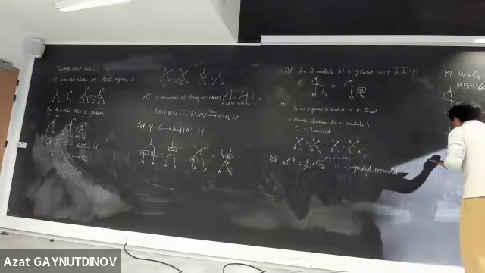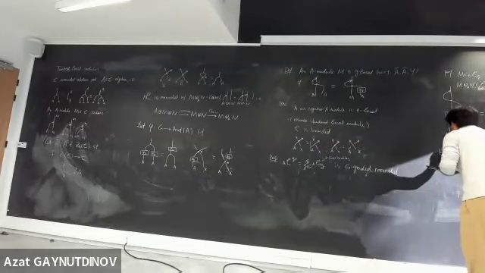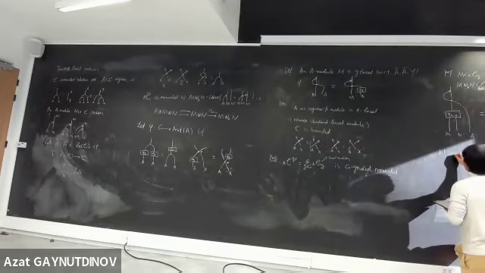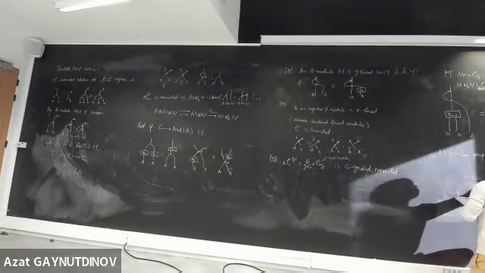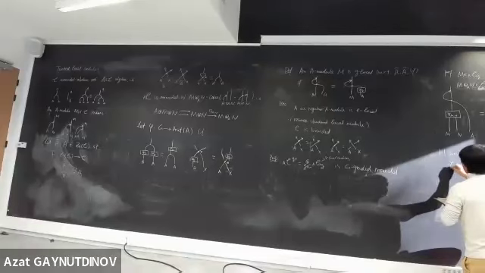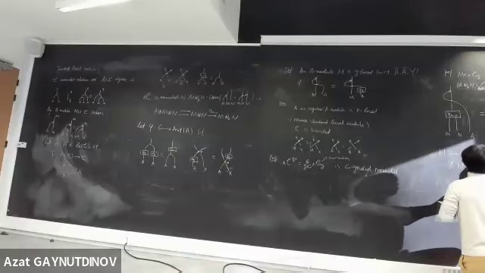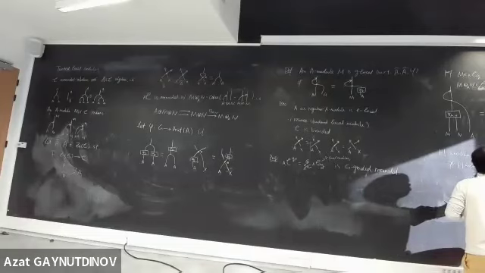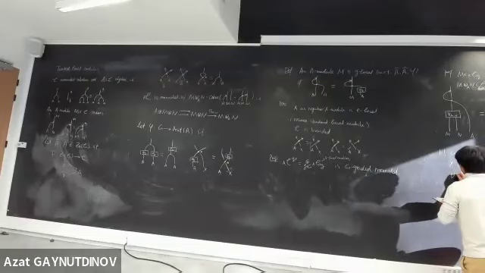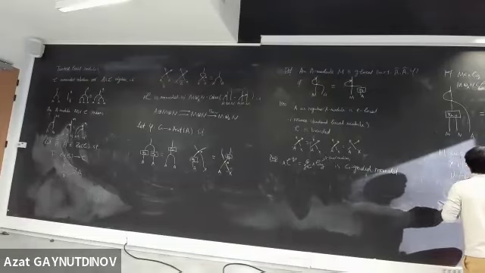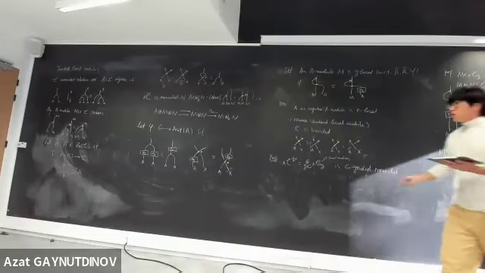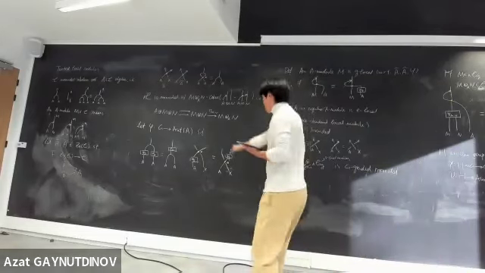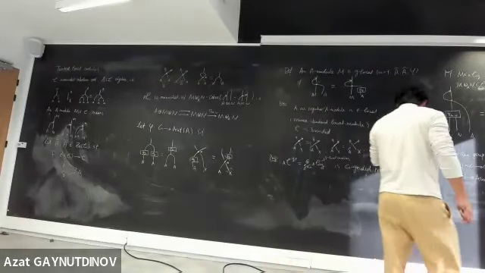So we need another group H, and I will need an H action on G, and I will need an H action on A. So again, this H action on A should satisfy these two properties.